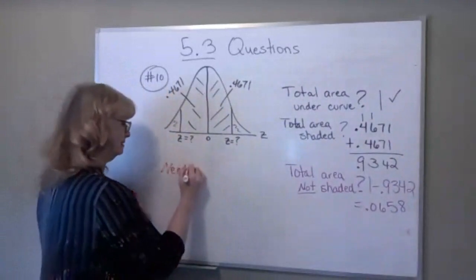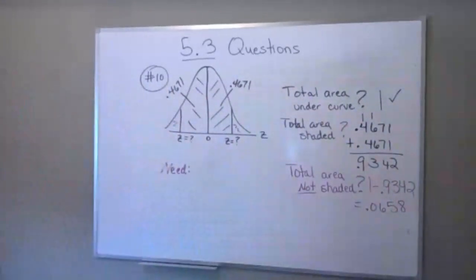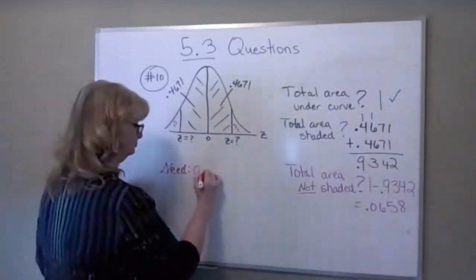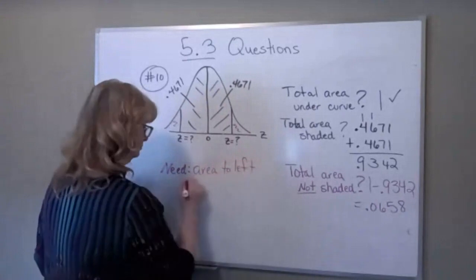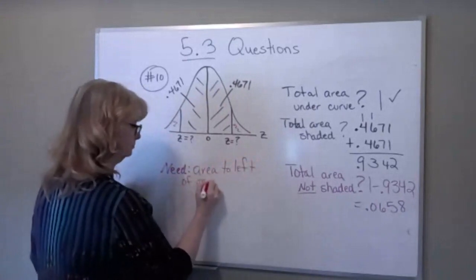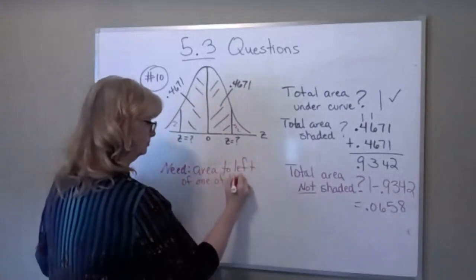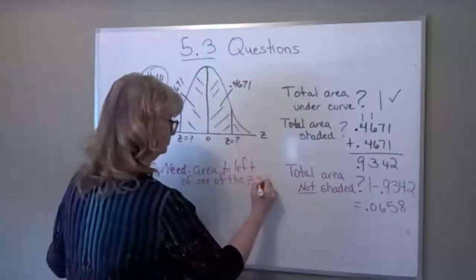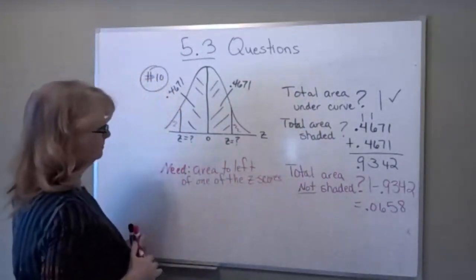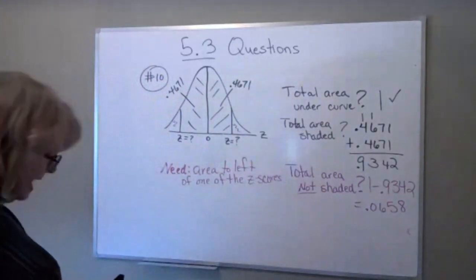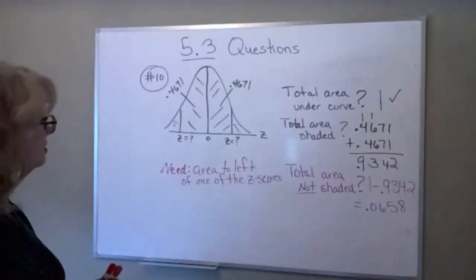What we need is the area to the left of one of the z-scores.